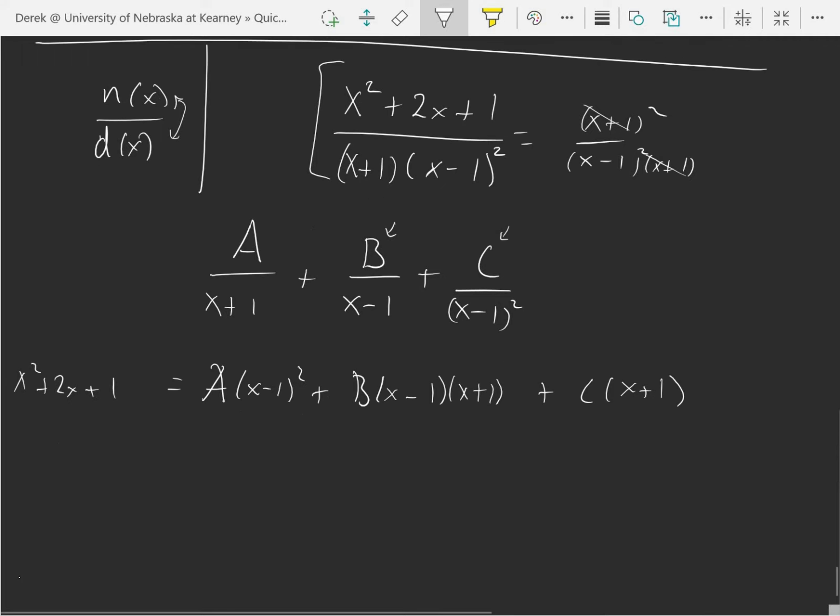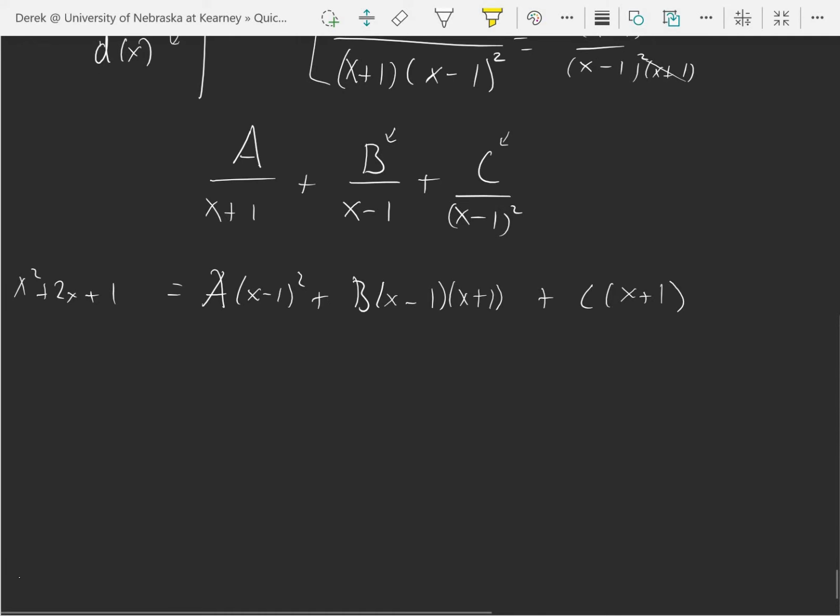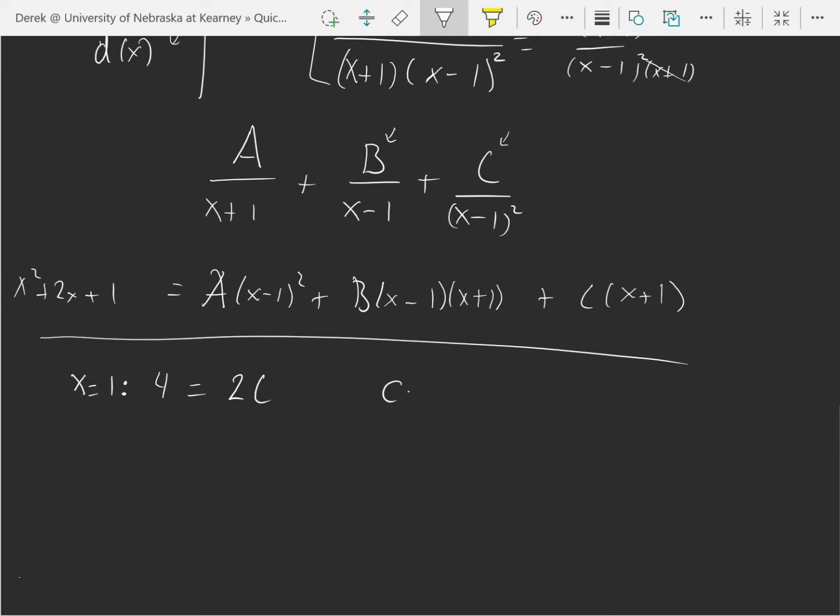Okay, let's see what happens. So if, let's say x equals 1 is where we're going to evaluate at to get an expression. So if I put x equals 1 in there, I get 4 equals, well, that's going to give me a 0, and 2c. So c equals 2.